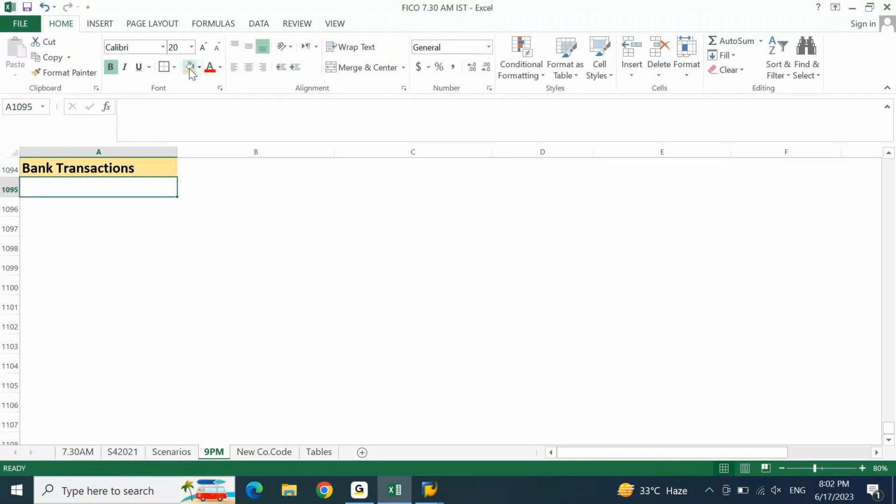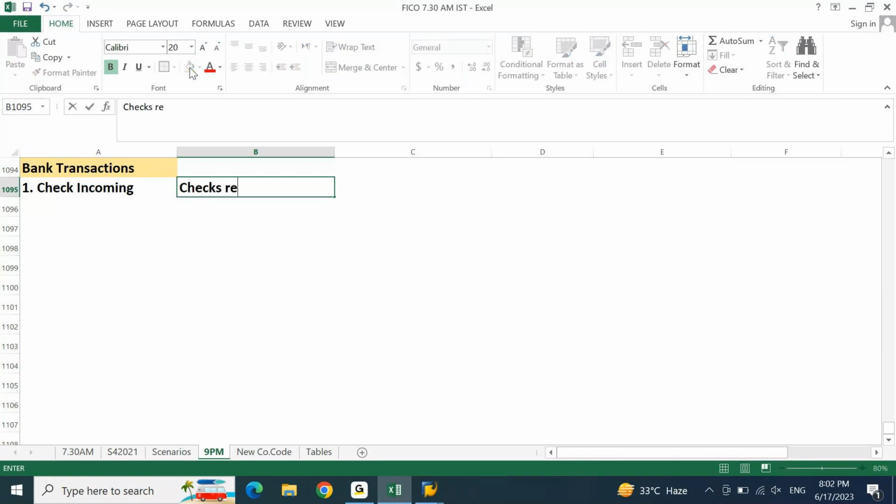I'll put check incoming. Everybody knows what check incoming is. If you receive a check, that is called check incoming. Am I correct? Correct? Yes, sir. This is nothing but checks received from customers or others.